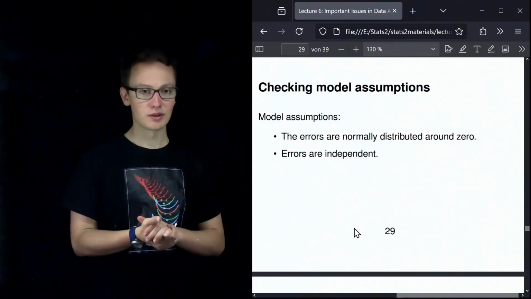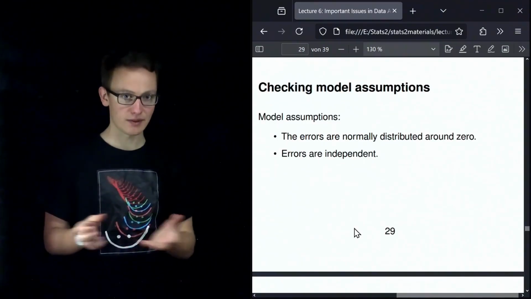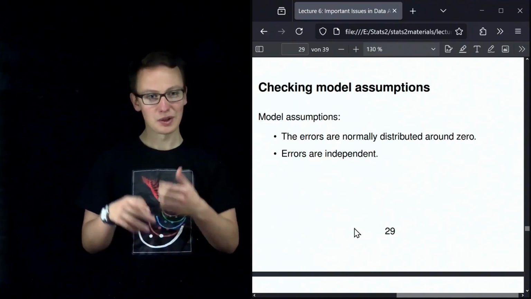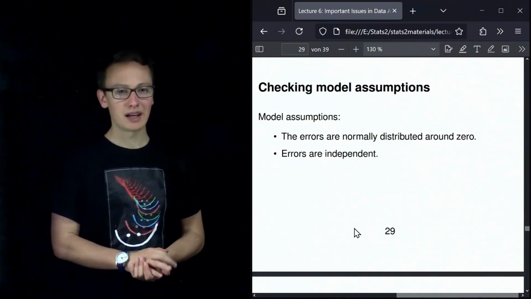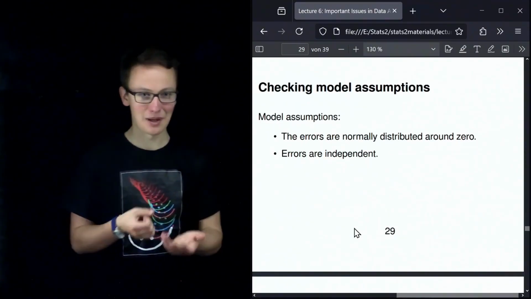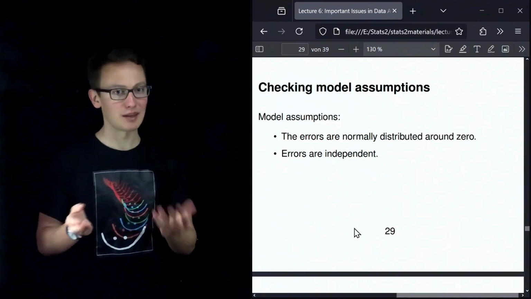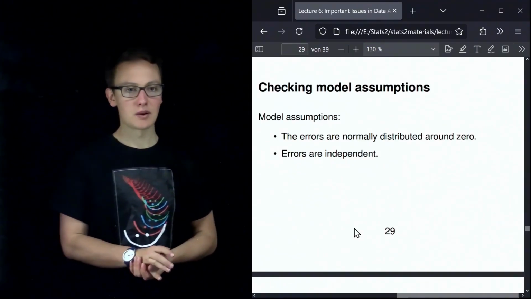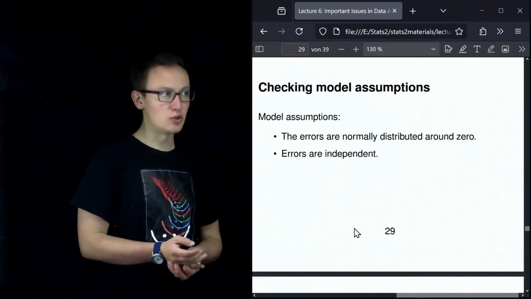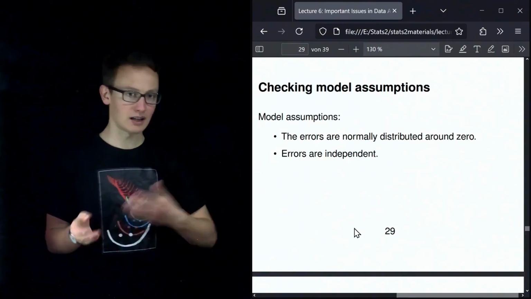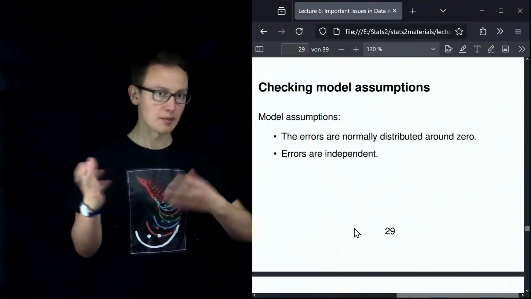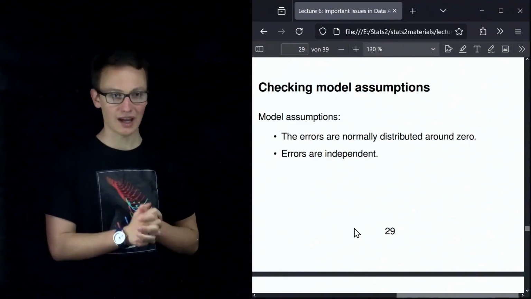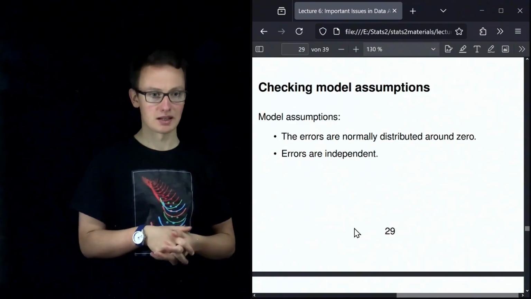If your data do not satisfy the assumptions of the linear regression, you will still get an output, but maybe it doesn't really mean anything, or there are caveats to interpreting it. So one thing you should do when you run an analysis involving a linear regression or linear mixed model is to check if your model assumptions are met.